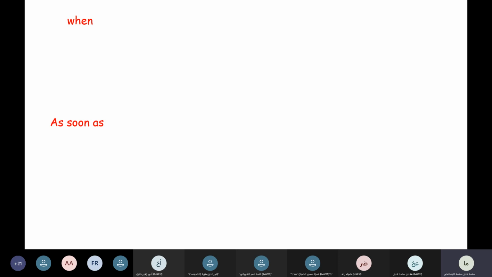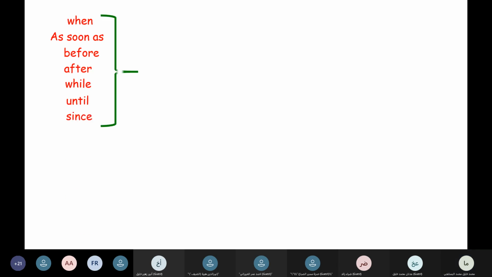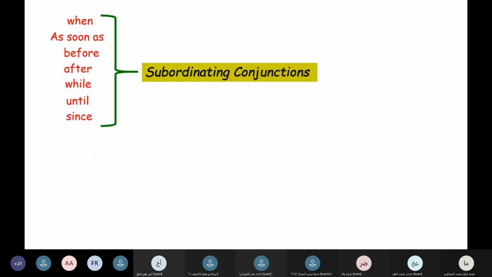Okay, look at these words. These words are called subordinating conjunctions: when, as soon as, before, after, while, until, since. These conjunctions always come with the dependent clauses.